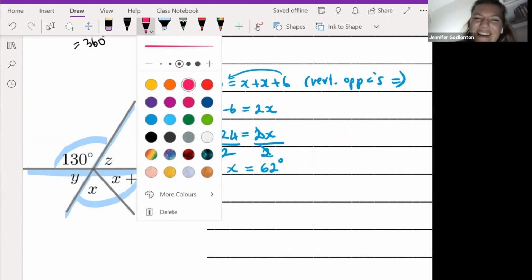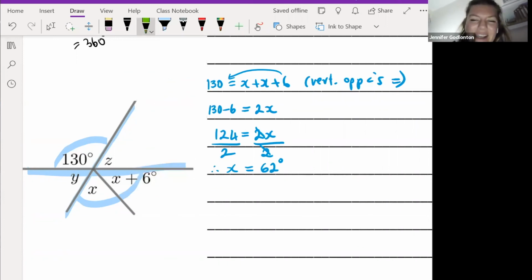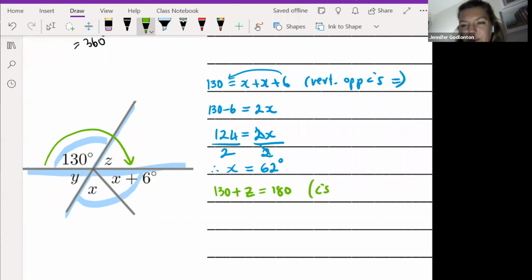Good. Next, you were telling me about z. How do we get to z? 130 plus z is equal to 180, and the reason is angles on a straight line. Beautiful. Then you take 130 to the other side and write z is equal to 180 minus 130.